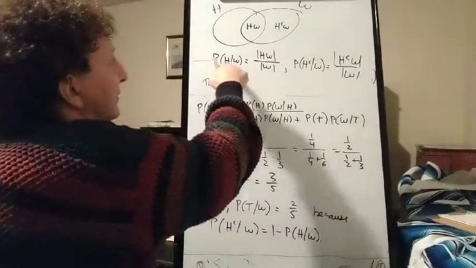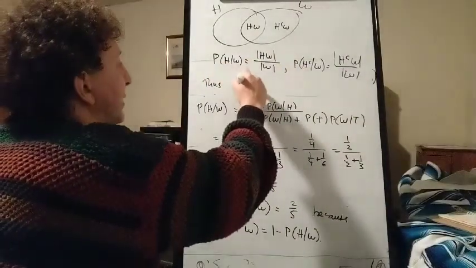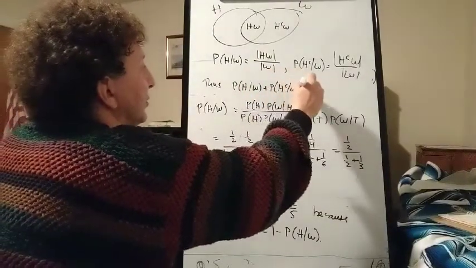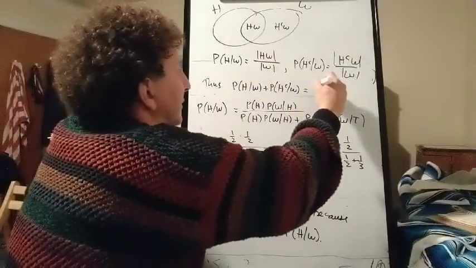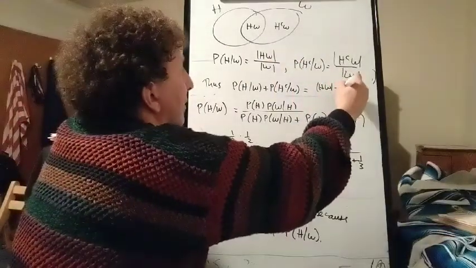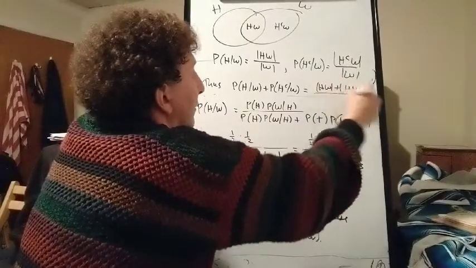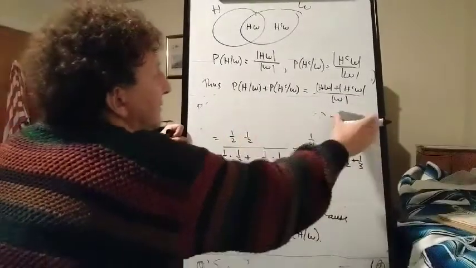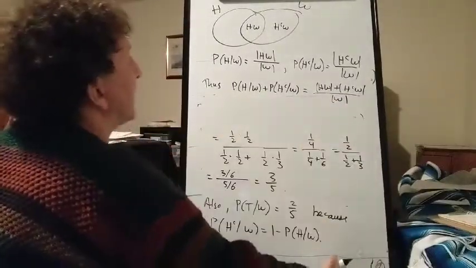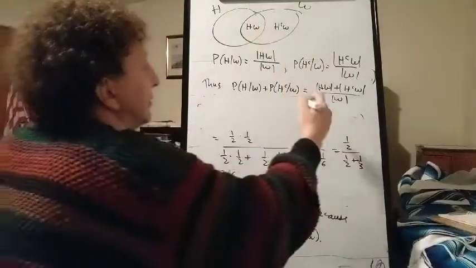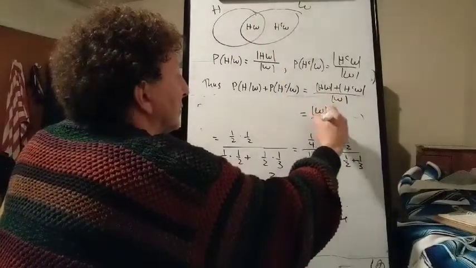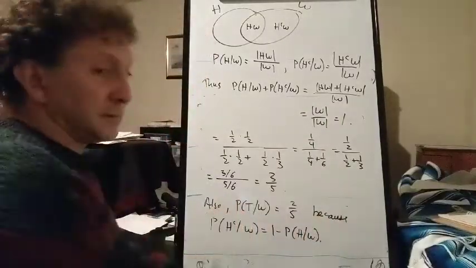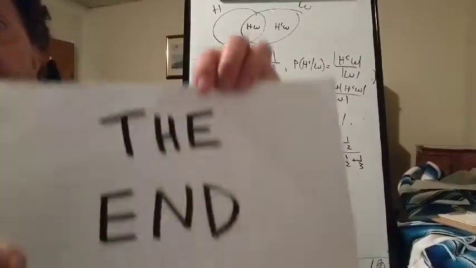So that means that if we add these up, probability of H given W and probability of H complement given W, it should be the sum of these two fractions. But what's on top of the fraction? If we take all the elements in HW and all the elements in H complement W and put them together, we just get all the elements in W, which of course is 1. The end.